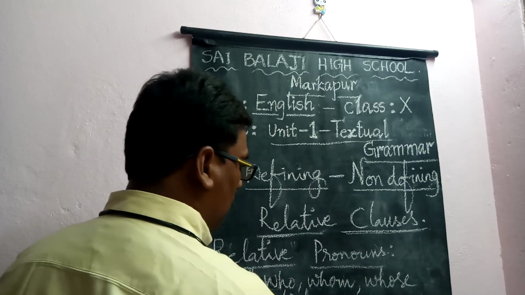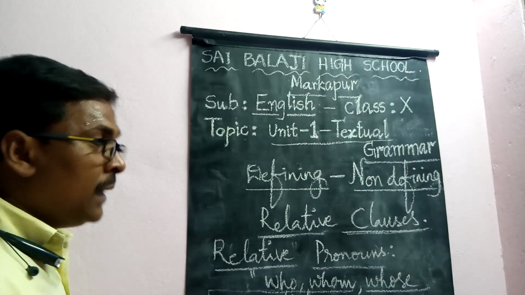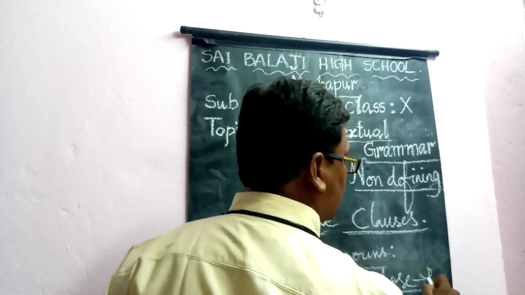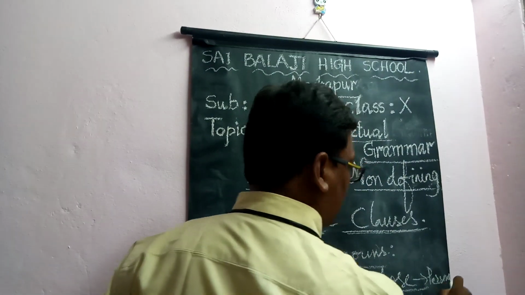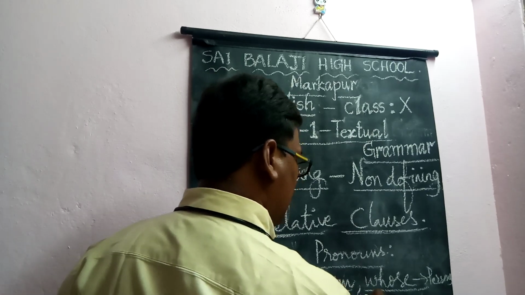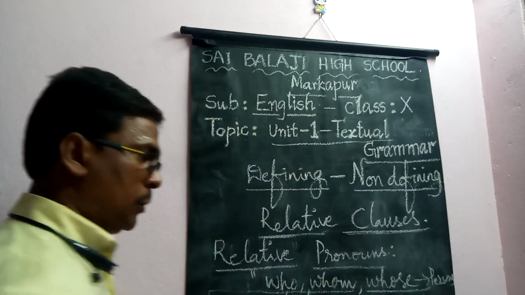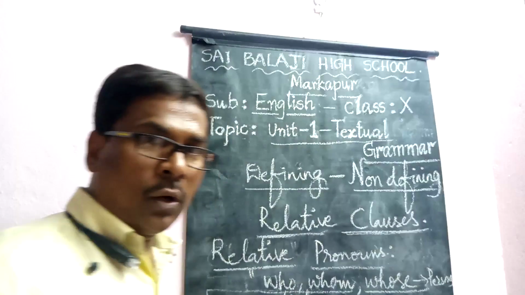Who, whom, whose are generally used for persons, which for things, and that for both. So these are all the relative pronouns.